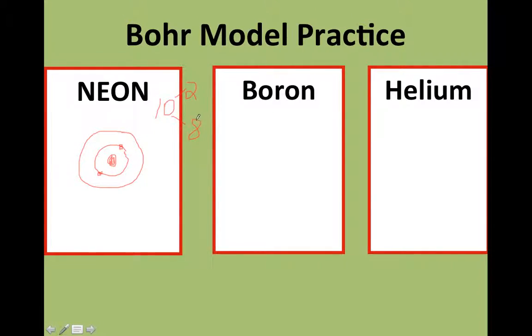Therefore, we're going to place 8 in the outer shell: 1, 2, 3, 4, 5, 6, 7, and 8. Another way: look at neon, follow it all the way up, and it's found in the very last column, 8A. That 8 tells me there are 8 electrons in the last shell.